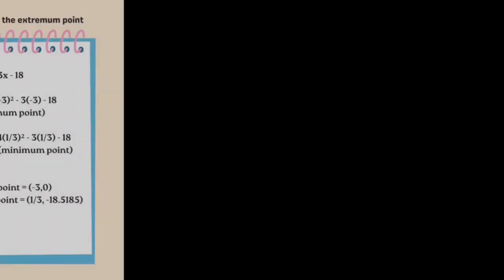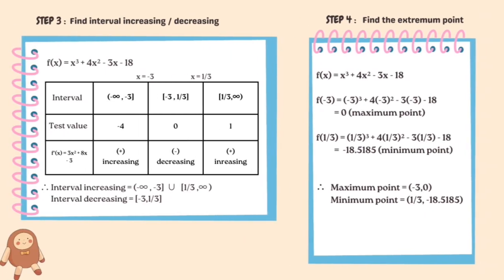That's all. For step 3, find the intervals where f(x) is increasing or decreasing. We're going to use the same function, x to the power of 3 plus 4x to the power of 2 minus 3x minus 18. We factorize it and we get negative 3 and 1/3. So for the intervals, we will use (negative infinity, -3), (-3, 1/3), and (1/3, infinity).